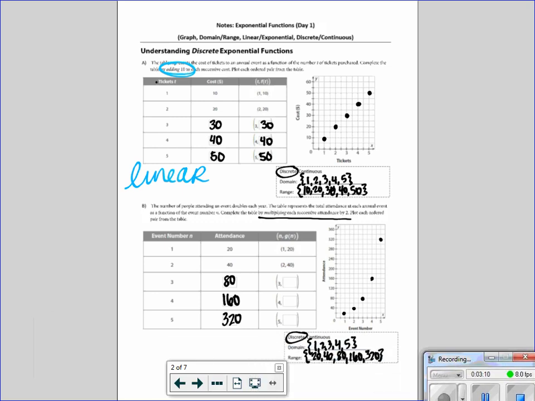It is exponential. And what is making it exponential? Multiplying. The multiplying is making it have that curve. Okay. So we're going to practice a lot of exponential today into the next week and a half.